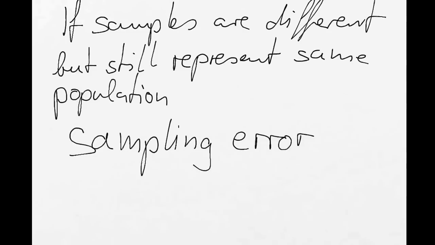So the sampling error is always there. Whenever we take samples, there is a sampling error. And there's nothing on Earth that can be done to avoid this sampling error.